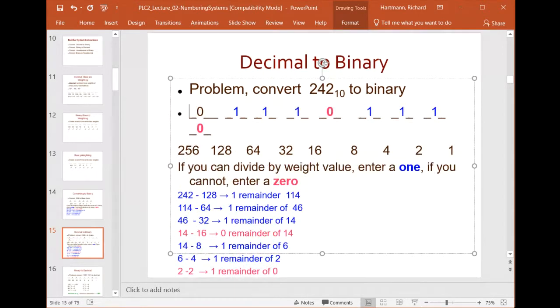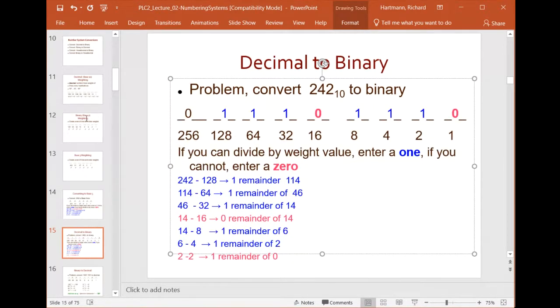So I'm not allowed to do that, so I'm going to put a 0 here saying no, you're not allowed to do that. So we put a 0 for the 256 value. Since I wasn't allowed to do the subtraction, I still have 242 left.